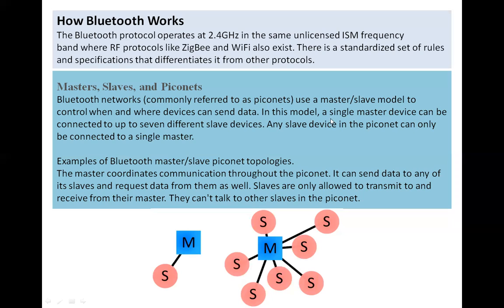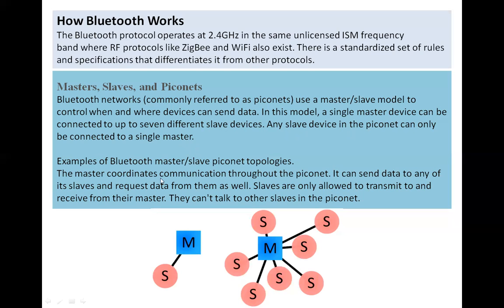In this model, a single master device can be connected to up to 7 different slave devices. Any slave device in the piconet can only be connected to a single master. An example of Bluetooth master or slave piconet topologies is shown below.